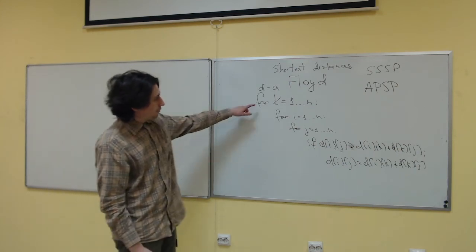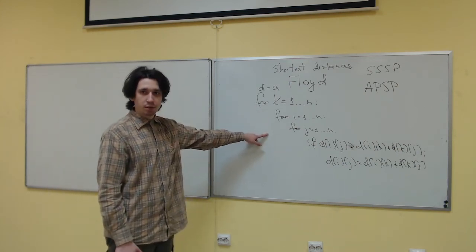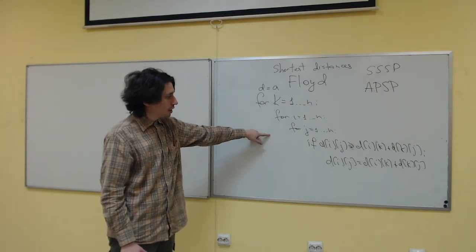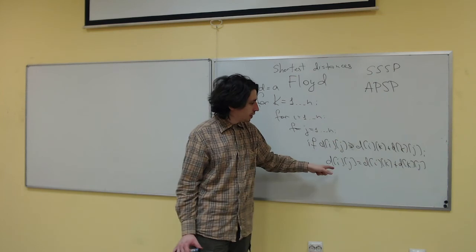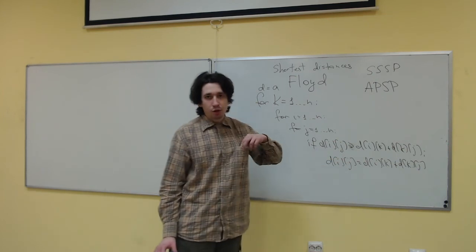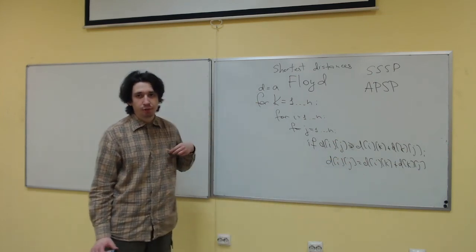So we have three nested cycles, k, i, j, and then if D[i][j] is bigger than D[i][k] plus D[k][j], then change that value.